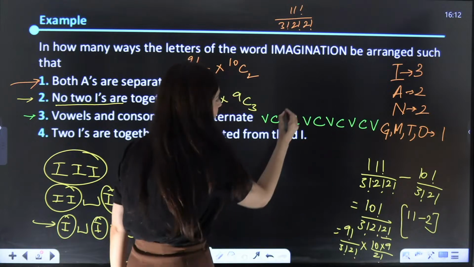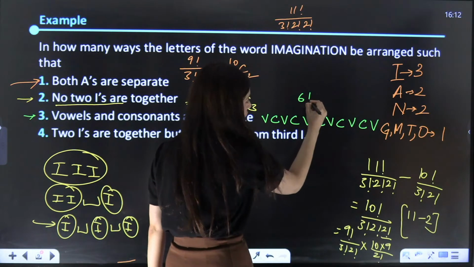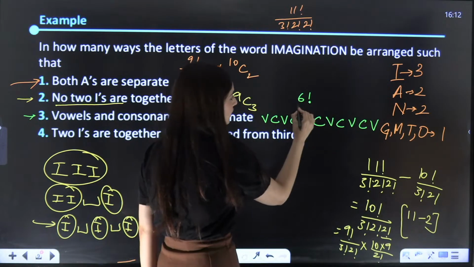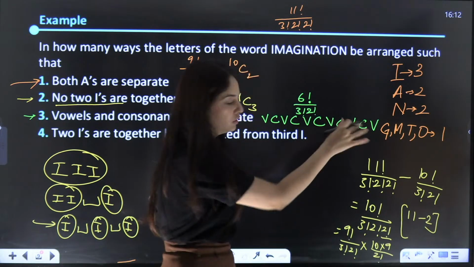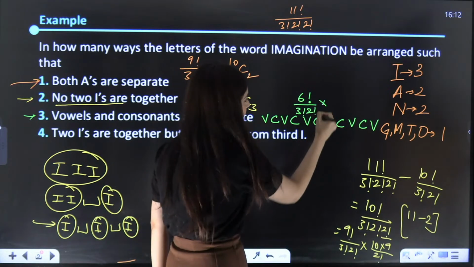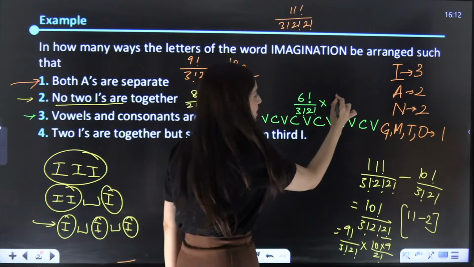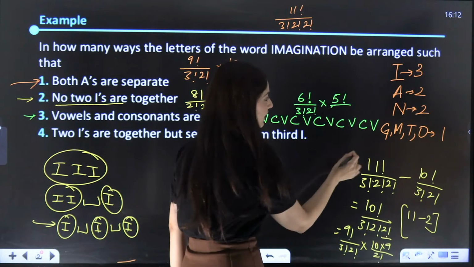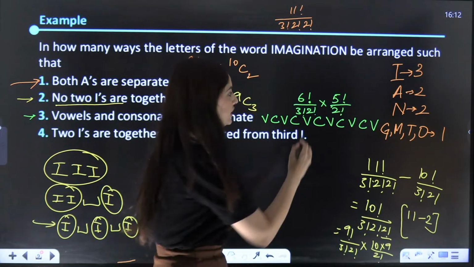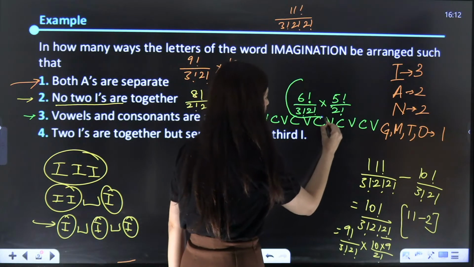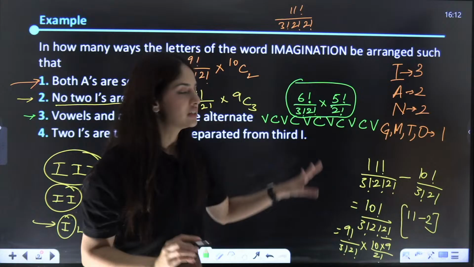So we arrange the vowels 6 factorial by 3 factorial and 2 factorial, and then O is unique. And we arrange the consonants 5 factorial divided by, there's a repetition here as well, and just like that we can solve such a problem.